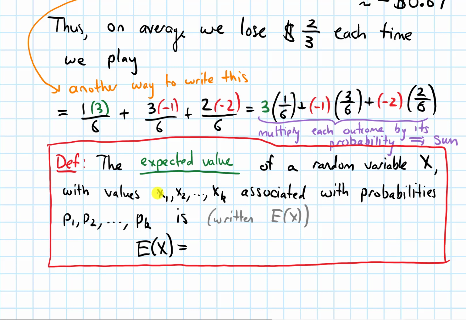I'm going to multiply my values, like x1, by its probability, p1, and do that for all of these. So next value is x2 times its probability, p2, and start to sum these up. So plus, plus, dot, dot, dot, plus, until I get to the last one. The last value is xk times its probability, which is pk. And that is our formula for the expected value of a random variable.